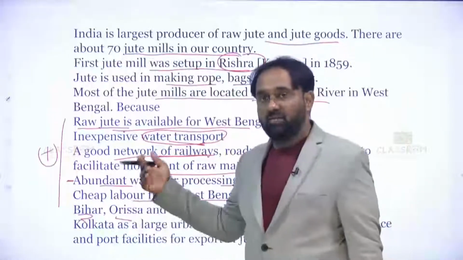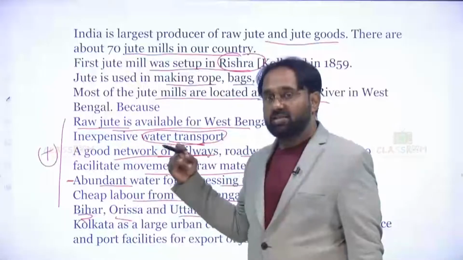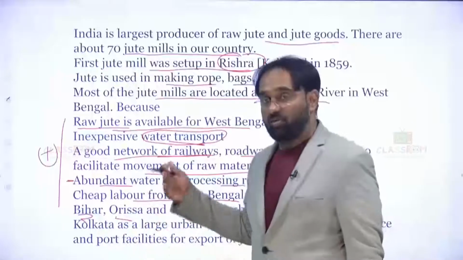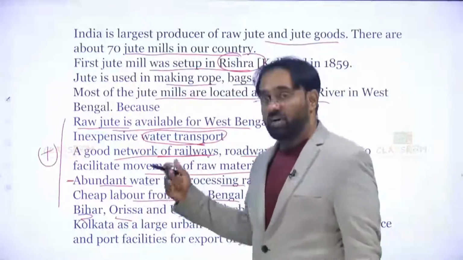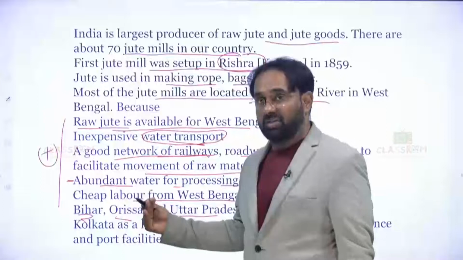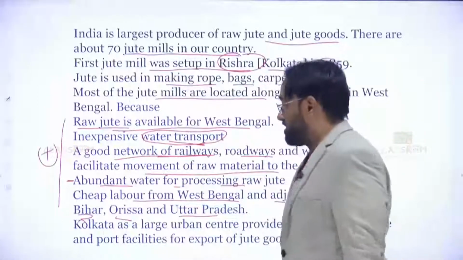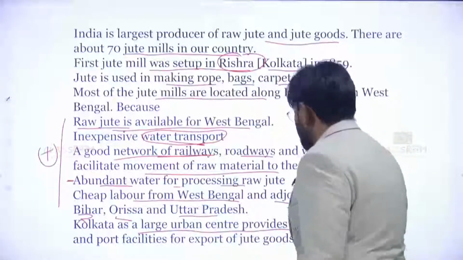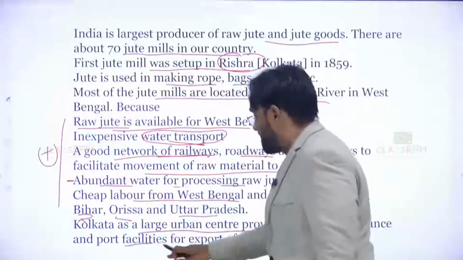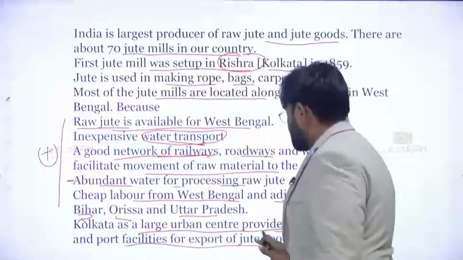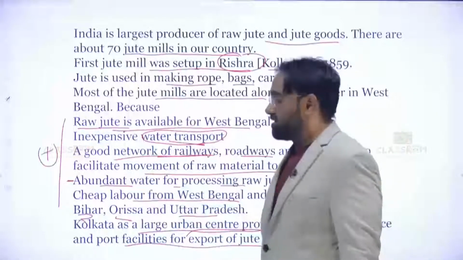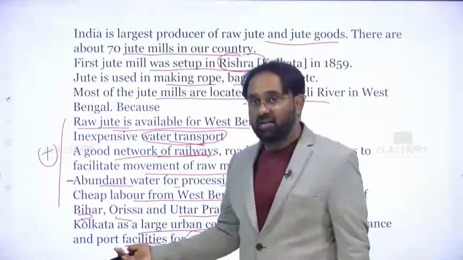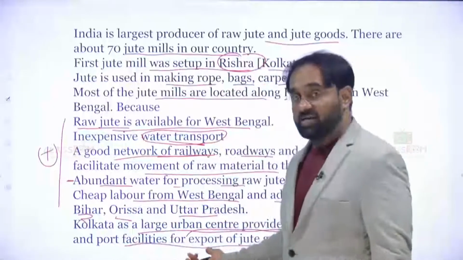What else do you want? You have land, climate conditions, water, resources, and most importantly cheap and affordable labor from Bihar, Orissa, Uttar Pradesh and adjoining areas. Kolkata, as the largest urban center, provides banking, insurance and port facilities for export of jute goods. You have the support of banks and other financial companies.